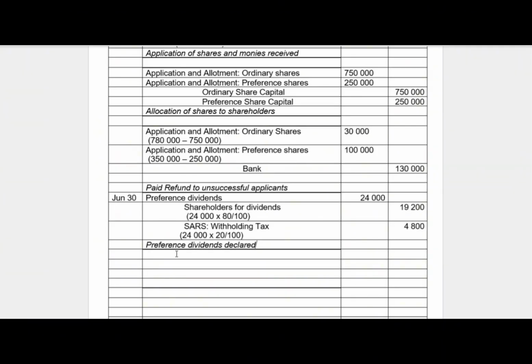And then remember, we started by the declaration because they said they've paid the preference. So now we're going to record the payment. The second step is that we must record the payment. All right. So the payment, when you pay dividends, you debit shareholders for dividends.